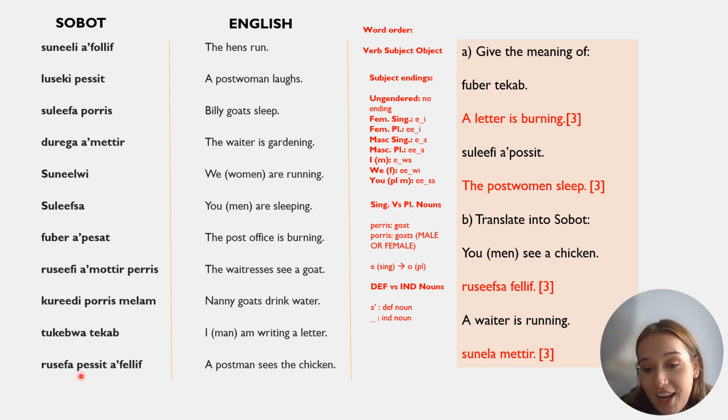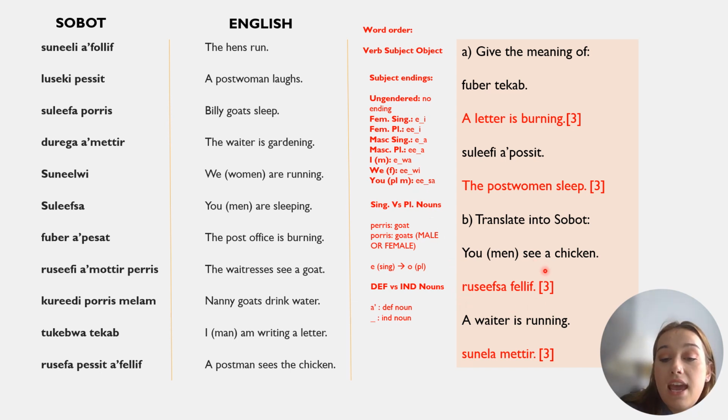But then you have to change it so that it matches the subject. You need to add the subject endings and change the verb to match it. So it's talking about you, so that's second person. Remember we found our you there, and you use the S to indicate that it's second person. Talking about men, so it needs to have the masculine A at the end. And men is a plural, so it needs to have the double E there as well. So that's why it has to be rusifsa.